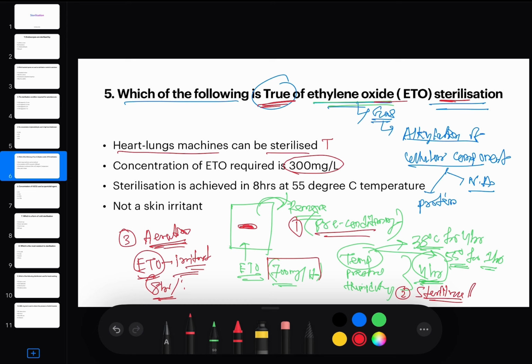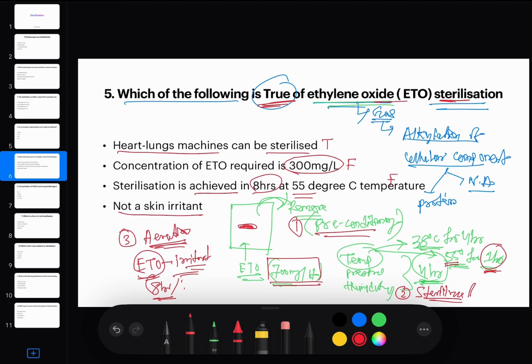The right answer is 700 milligram per liter, so this is false. Sterilization is achieved at 8 hours at 55 degrees centigrade. This is wrong. It is for 1 hour. This is false.